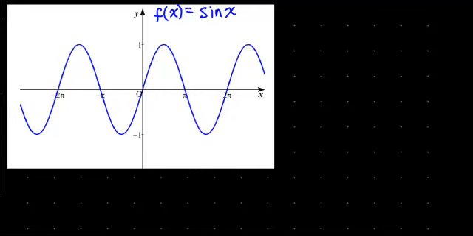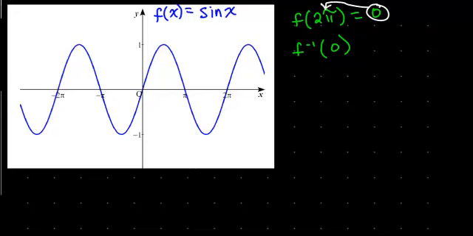So, like we did in the last video, let's say f of 2 pi. The sine of 2 pi is 0. So you might want to say that f inverse of 0, since the inverse function takes the function and sends it back home, equals 2 pi.